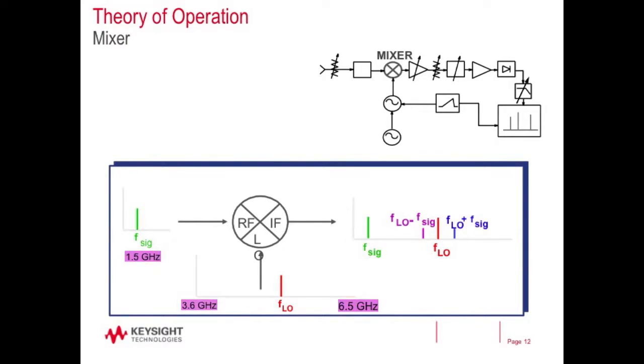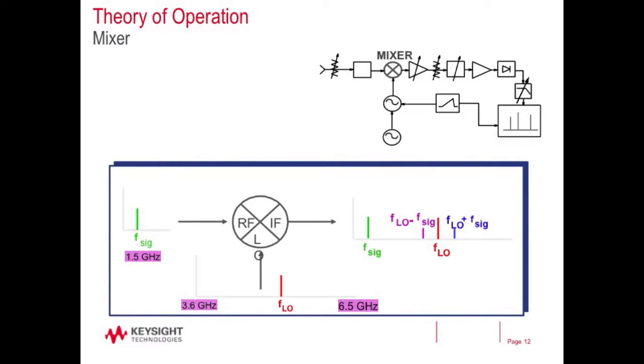And so if you look at the output, or the IF, you'll see basically this is where the F-sig would be, and that's generally at a much lower level. And then you have the LO frequency, and mixers typically have quite a bit of LO feedthrough. The signals that the spectrum analyzer will process will either be an FLO minus FSIG or FLO plus FSIG. And so, most folks tend to use a low side signal, and from that we can basically display that on the screen. And again, the animation will make that a little more clear.